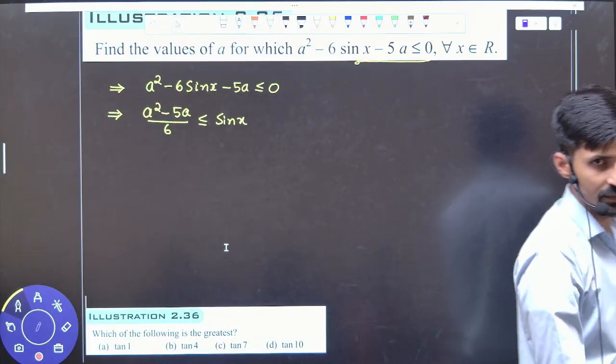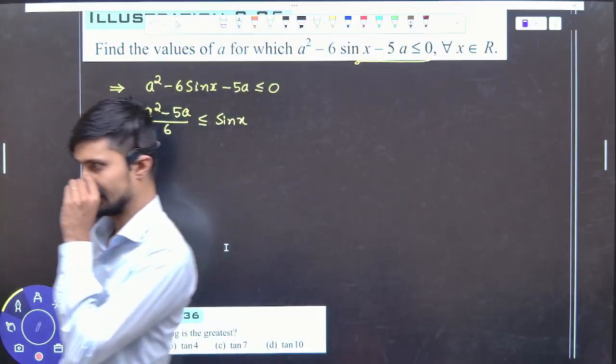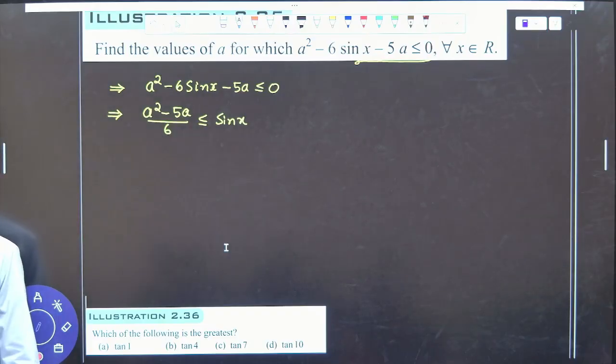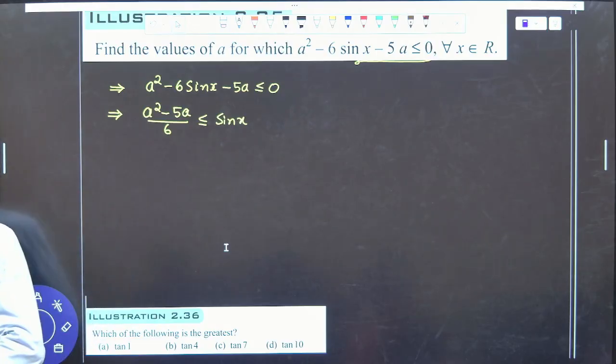This we are getting. So we are separating trigonometry on one side and we are separating the a parts on the other side.